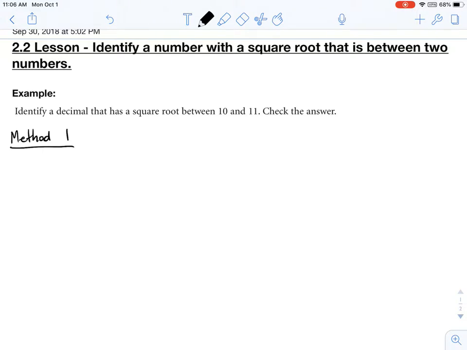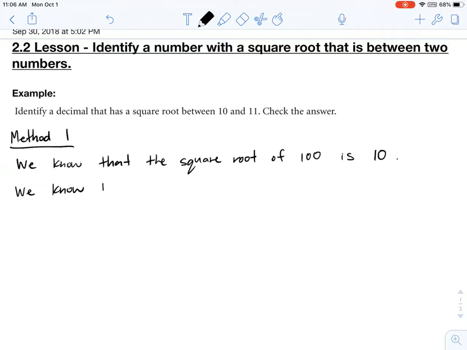So we know that the square root of 100 is 10, and we know that the square root of 121 is 11.